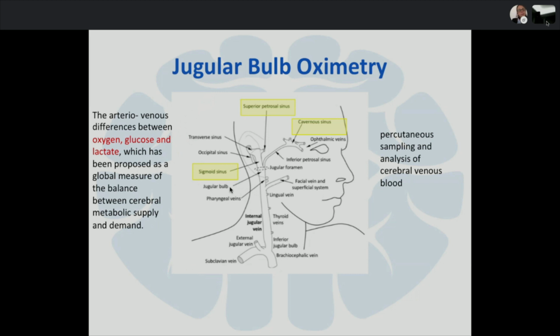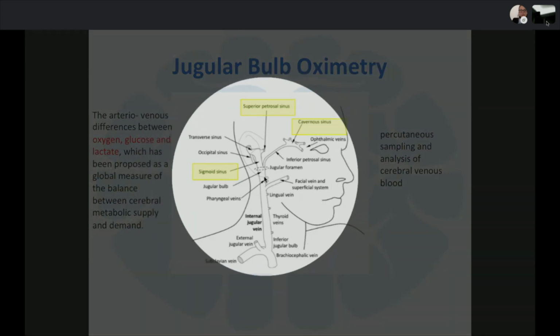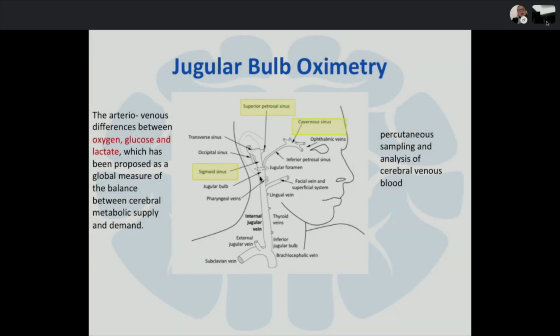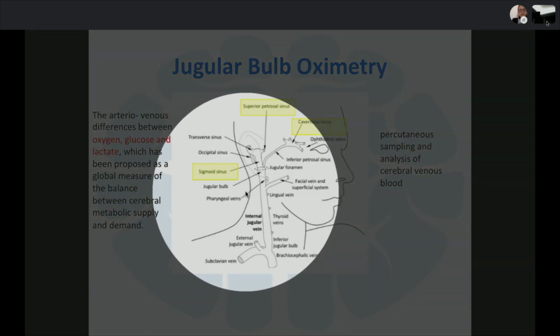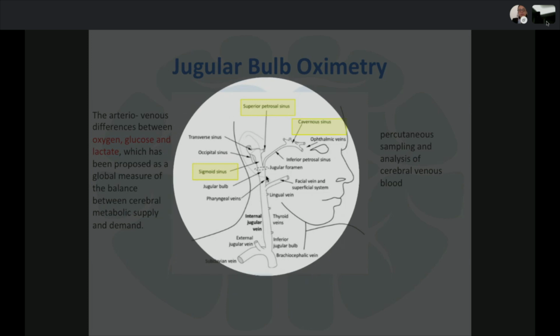These follow a curved path in the posterior fossa, and they pass caudally and forwards and arrive at the internal jugular foramen, which is here. So this technique is based on the percutaneous sampling and analysis of the cerebral venous flow here in the jugular foramen and in the jugular bulb, which is here.